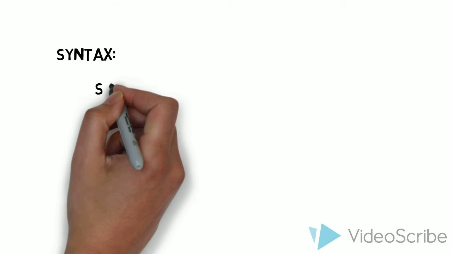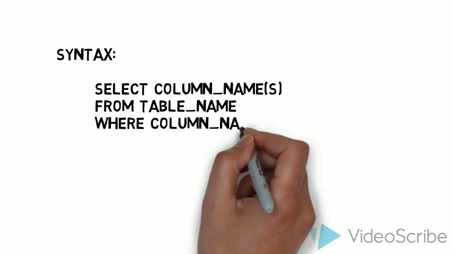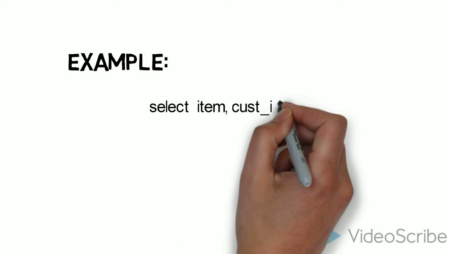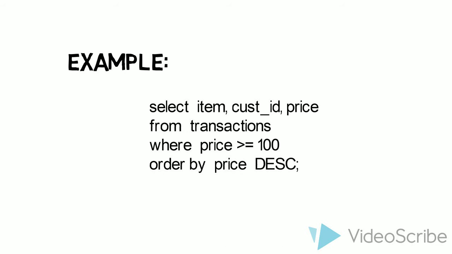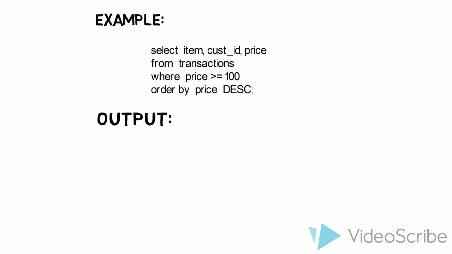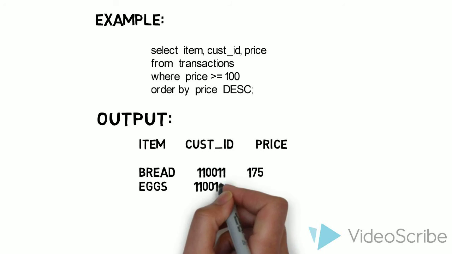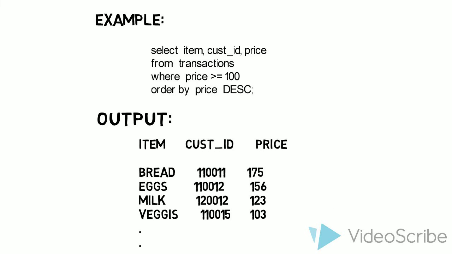The syntax of order by statement looks something like this. Let's see this example where we are using our transaction data and sorting the result set based on price. Can you sort in ascending and descending order in the same order by statement? Google it.